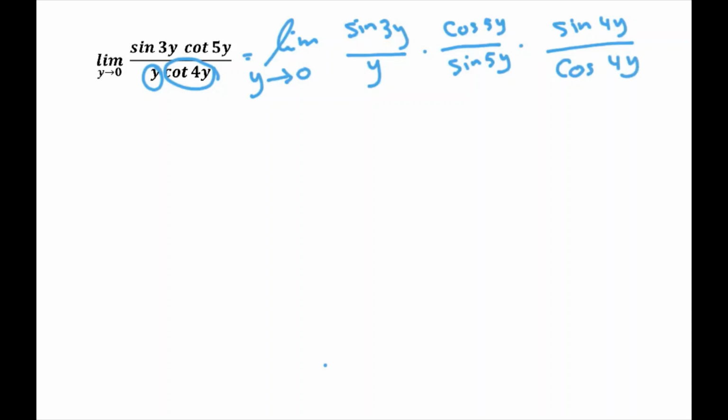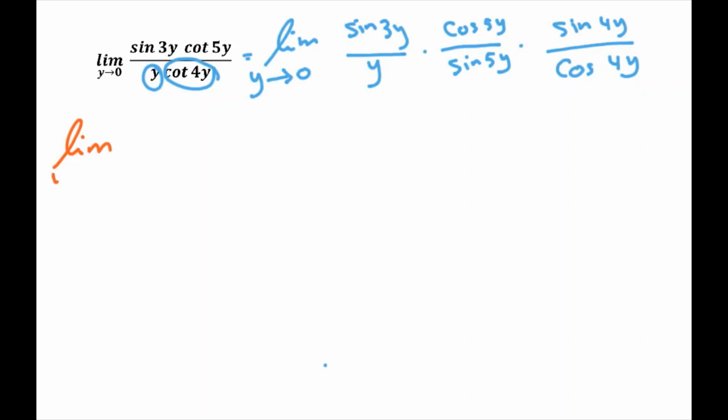Now, again, we're trying to create sine theta over theta. So for example, I have 3y here, I need to have 3y here. That's what we're trying to find. So first of all, let me put the sines by themselves, cosines alone.